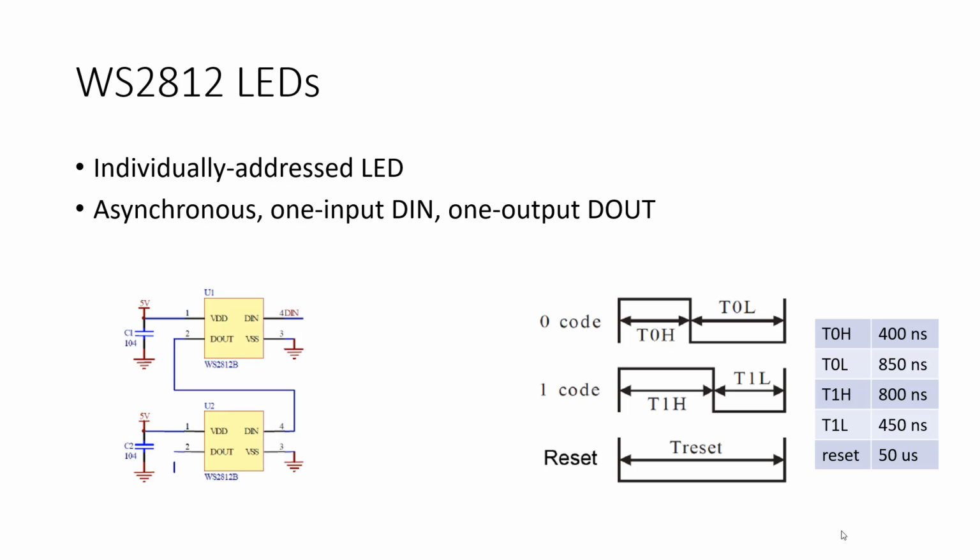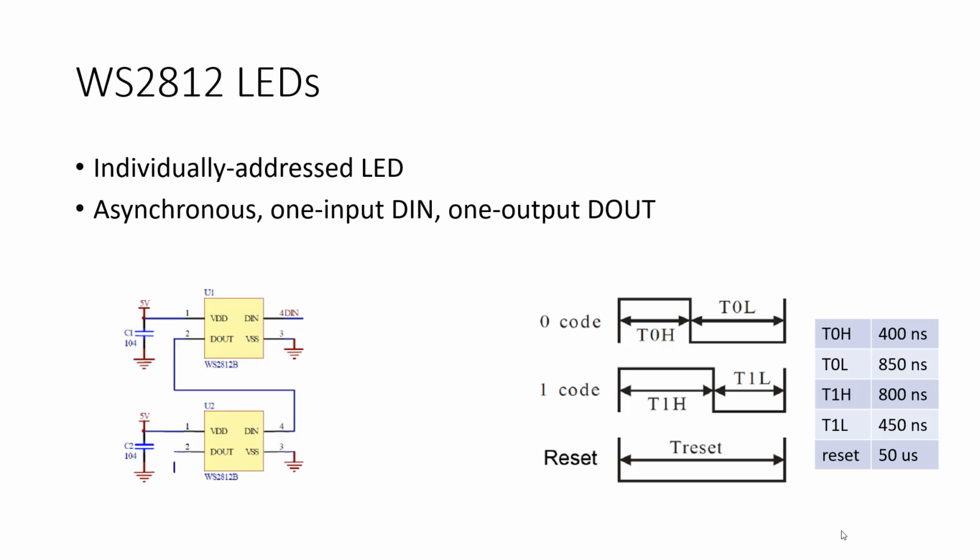In order to send a 0, you basically have the data signal high for a time and low for a time. And to send a 1, you do the same thing, except the two times are different. So you have time 0 and time 1.